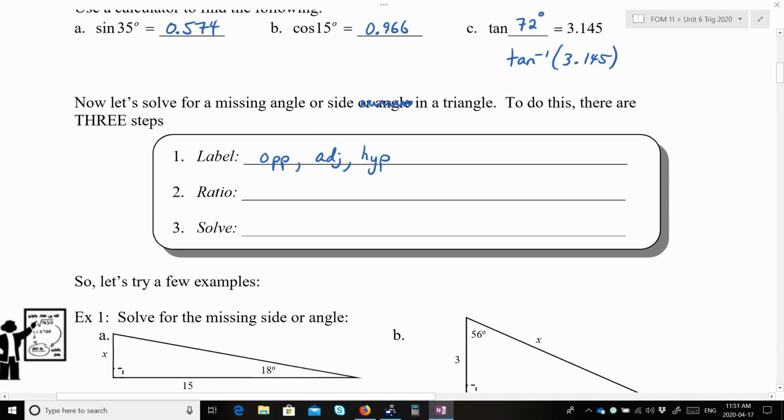You determine the appropriate ratio to use based on that, whether it is sine, cos, or tan, and that comes from SOHCAHTOA, right? You use sine if you are dealing with the opposite and hypotenuse sides. You use cos if you're working with adjacent and hypotenuse, and you use tan if you're working with opposite and adjacent. And then you solve for a side or angle.